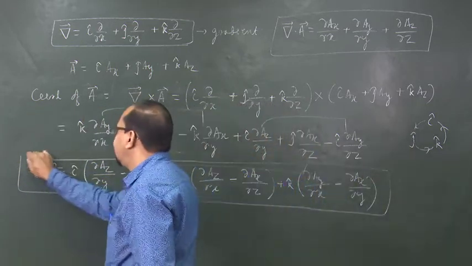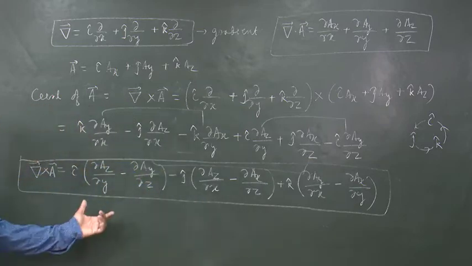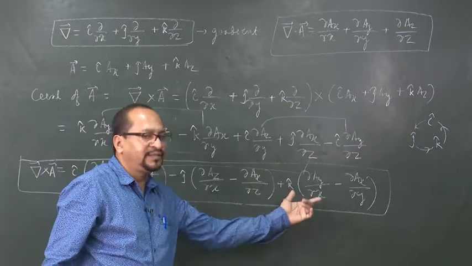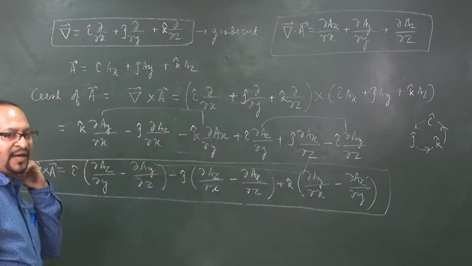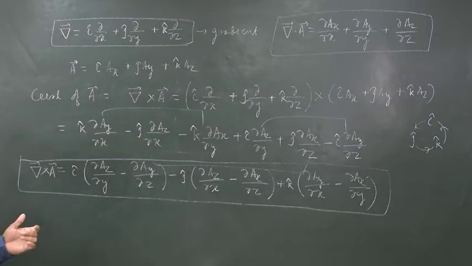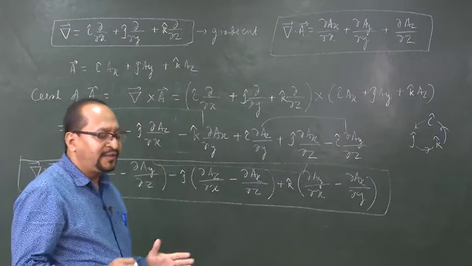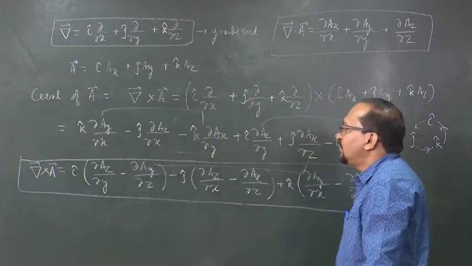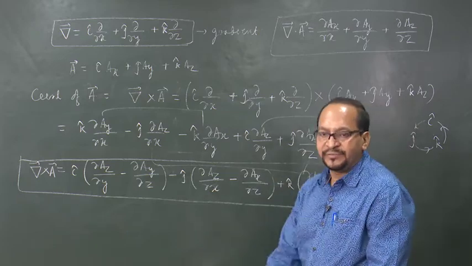So, curl of A is a vector quantity whose x component is this, y component is this and z component is this. As we express the cross product in terms of a determinant form, this curl A also we can express in determinant form.